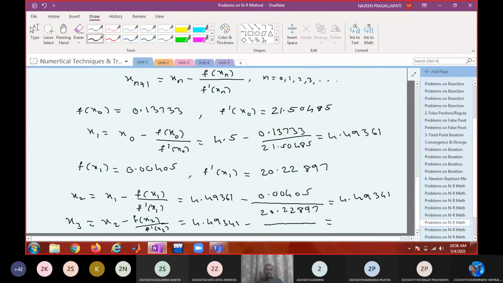Tell me f of x2 value. F of x2 equals to minus 0.00019? Minus? Yes, sir.